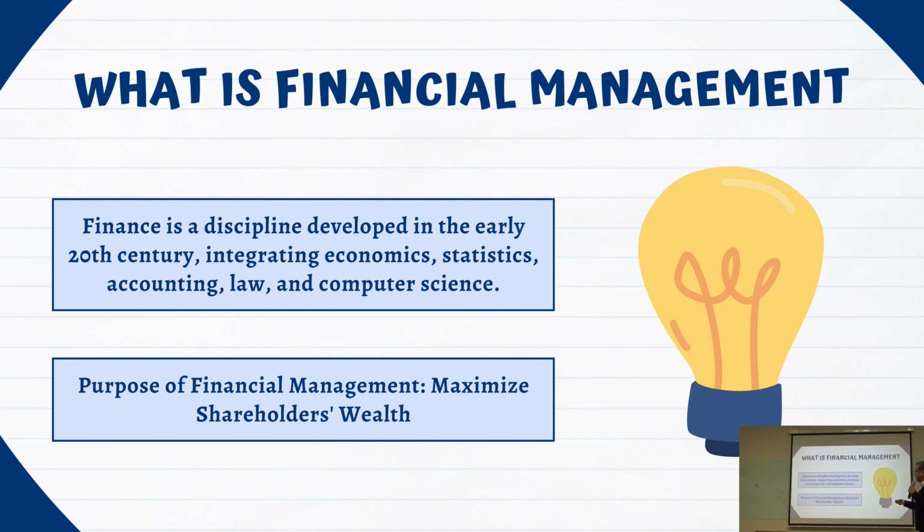Basically, one of the major purposes we learn finance is to maximize shareholders' value. Corporations do investments to buy assets to earn money because they want to maximize the firm value, so the shareholders' value will be maximized.